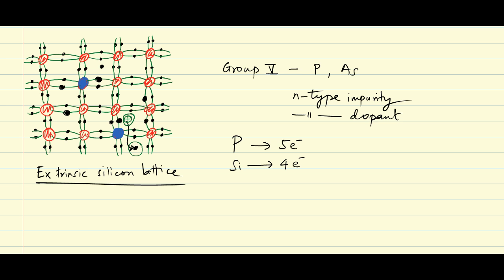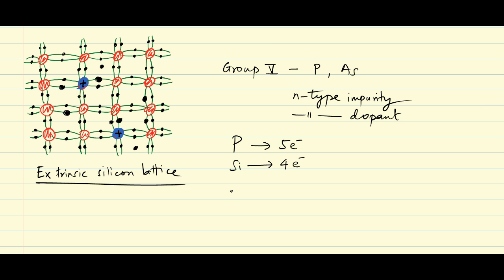But this positive charge is not a hole. In fact, this positive charge is fixed to the phosphorus atom, which means that it's no longer a phosphorus atom, but it is a phosphorus ion with a positive charge, and this positive charge is not mobile like a hole, and it cannot contribute to the electric current. Since the positive charge is attached permanently to the phosphorus ion, I'll just put a plus sign inside the phosphorus, and likewise a plus sign over here.